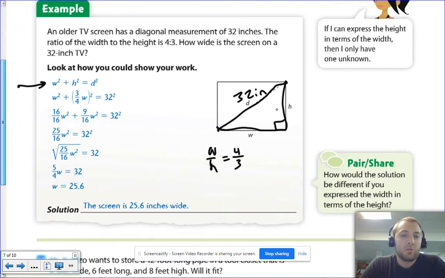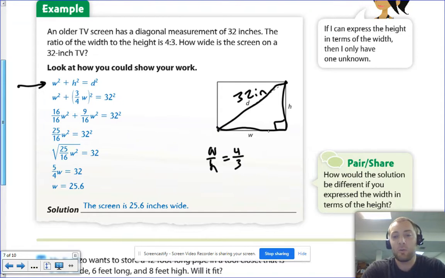So it says W squared plus 3/4 of W, squared. Where did that come from? I know the 32 is coming from the diagonal, but this 3/4 times W? If the ratio is 4:3 and you reverse it, it's 3:4. That means for every 3 height, there's 4 width.